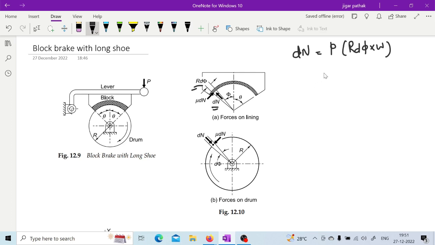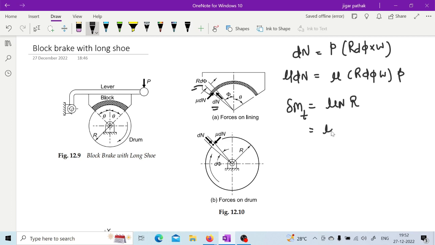So for this particular case of long shoe, this dN is defined by pressure into r d-phi into W. Now as this is the normal force, the frictional force will be defined as mu dN, right? So that is mu r d-phi W into pressure. Similarly, your braking torque is given by mu N into r.